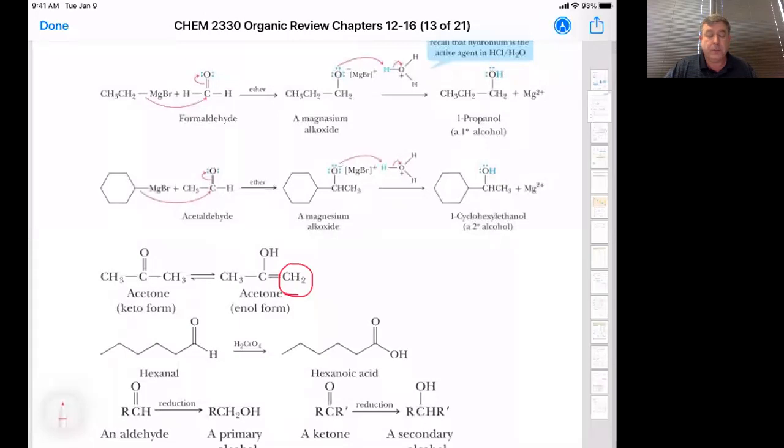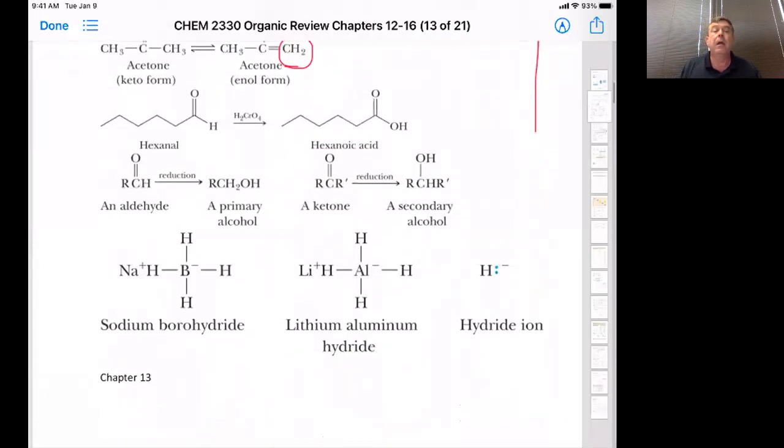Okay. We also learned that we can specifically reduce down the carbonyl compound by using a nucleophilic hydrogen, a hydride. There's a negative charge on that hydrogen, so it specifically attacks the carbonyl compounds and not alkenes. So we have these two specific materials.